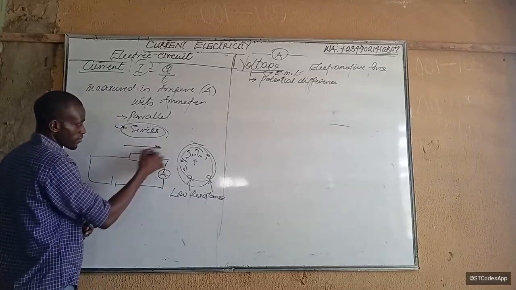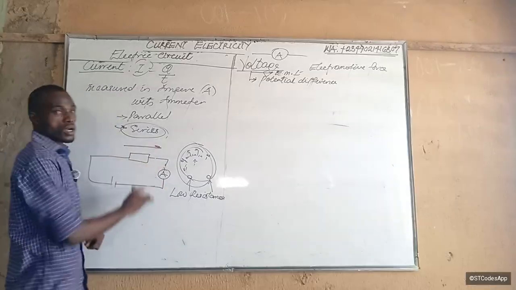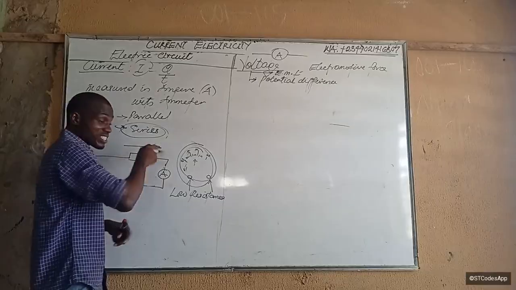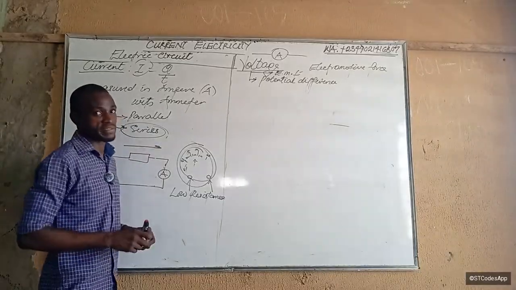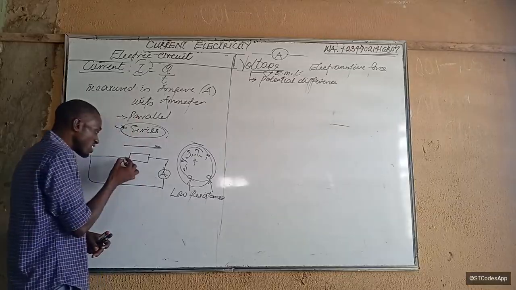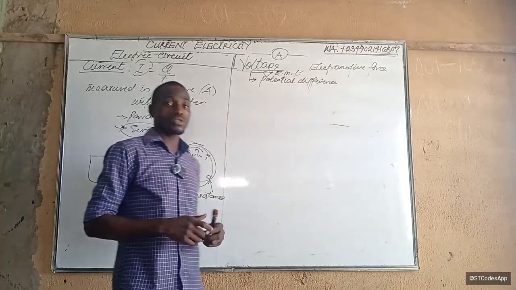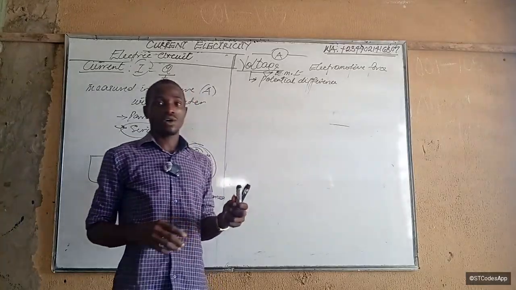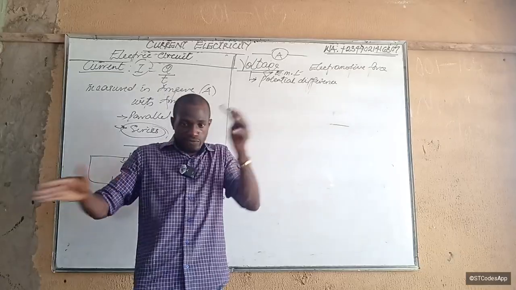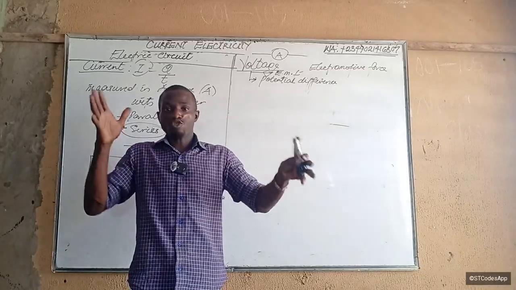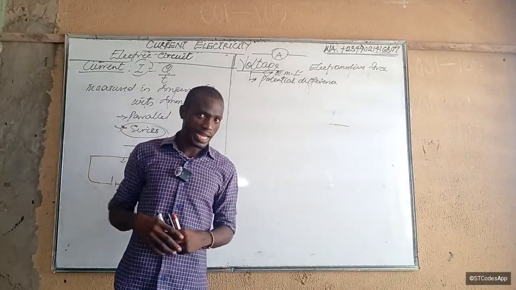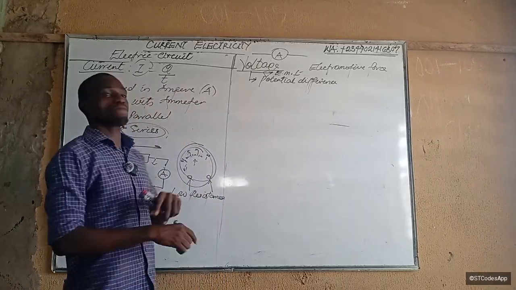For example, across this resistor. The voltage across the resistor is called potential difference because it measures the difference in potential from one end of the component to the other, whether voltage dropped or voltage increased. Is that clear?